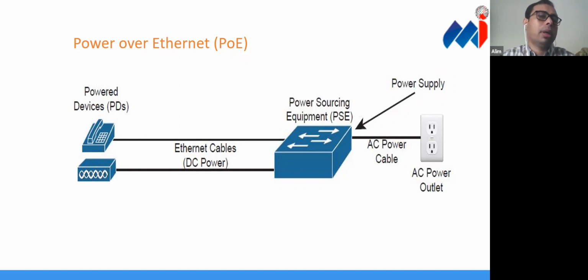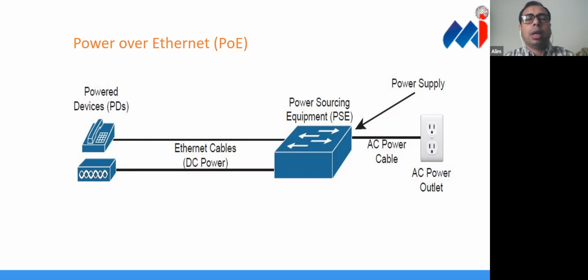You may have some devices like IP telephones or Wi-Fi access points or IoT devices that can be installed outside the building, in the garden, on the roof even, or outside the building walls, where there is no power available.